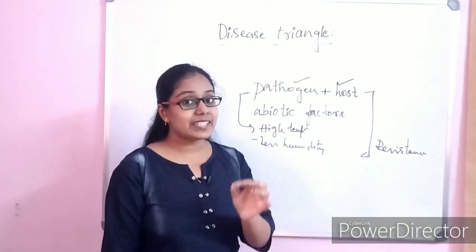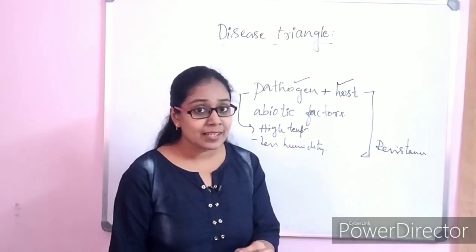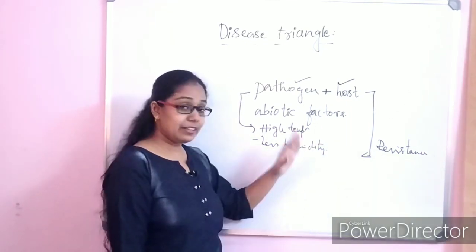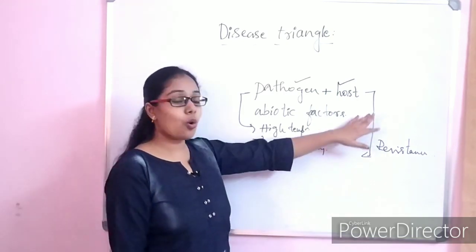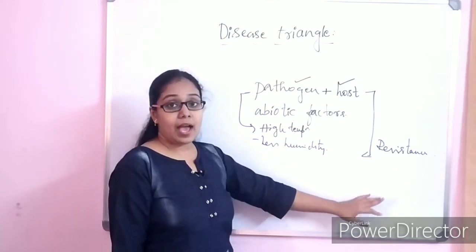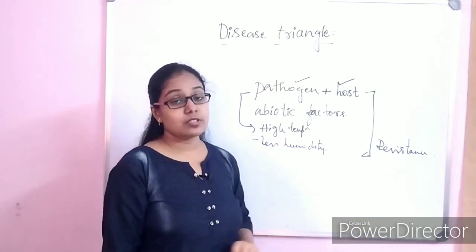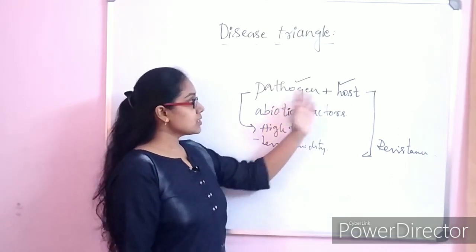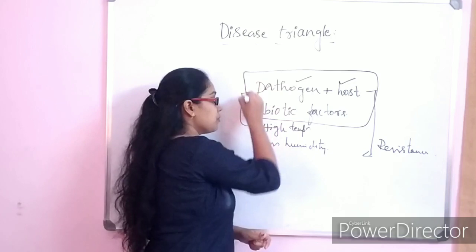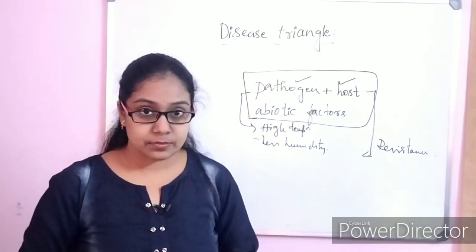So to cause a disease in plants, the environmental condition must always be favorable to the pathogen. If the conditions are favorable to the host plants, it easily acquires the resistance power in it and avoids the attack of the pathogen. So these are the host, the pathogen and the environmental conditions which play a very important role in causing the disease.